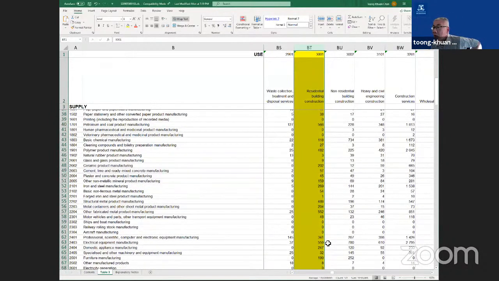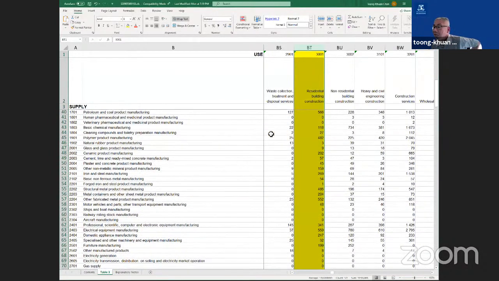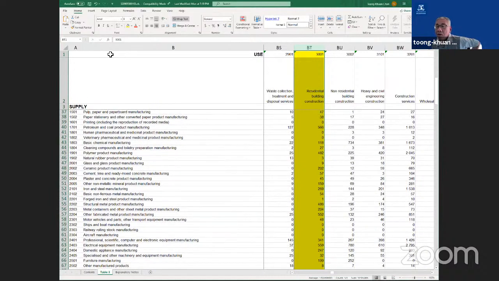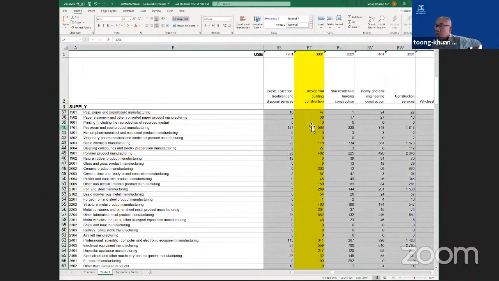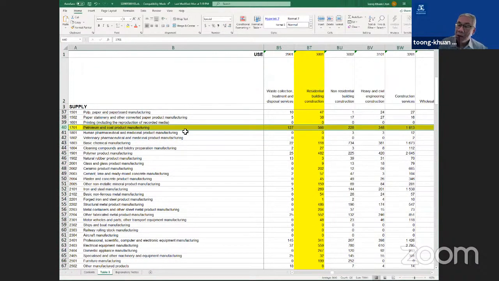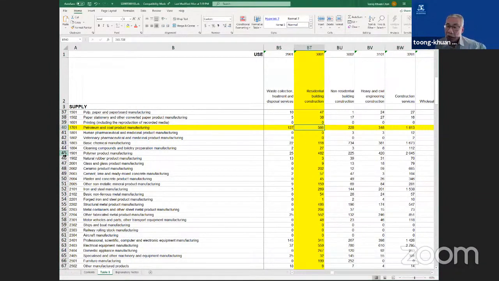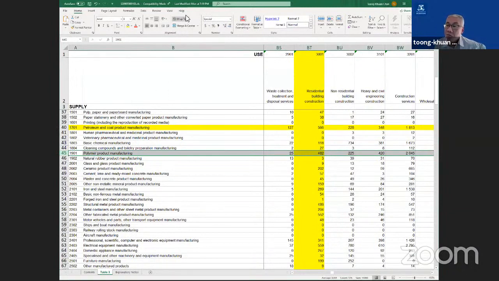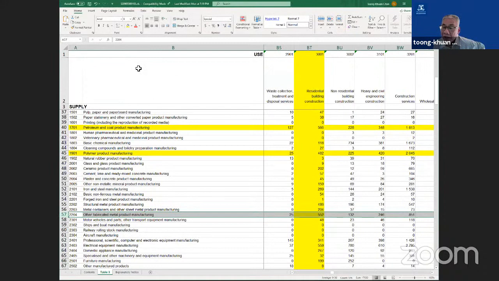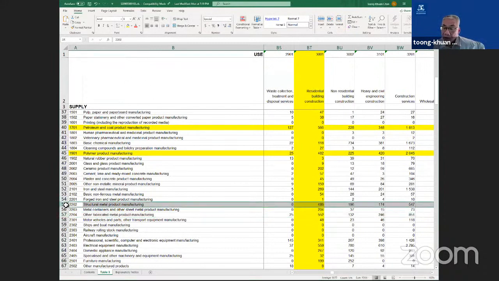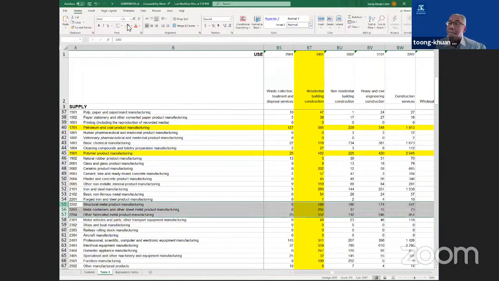The largest number is 566. In Australia, we import a lot of petroleum and coal product manufacturing into residential construction. We also import lots of polymers. We import fabricated metal products. So these three are quite high.